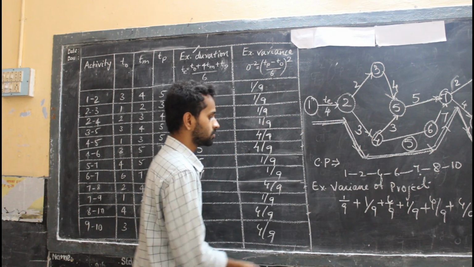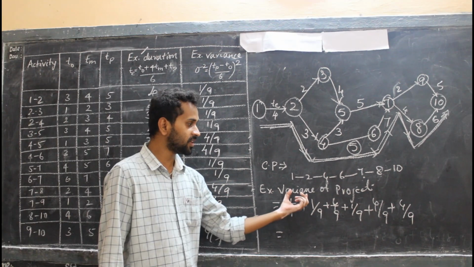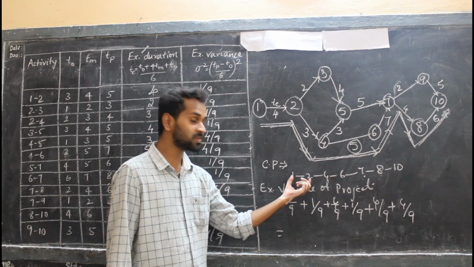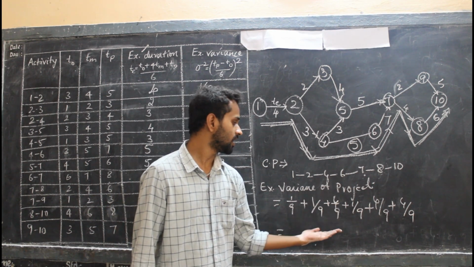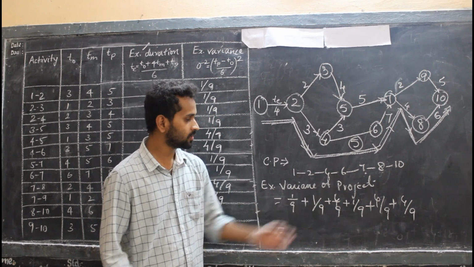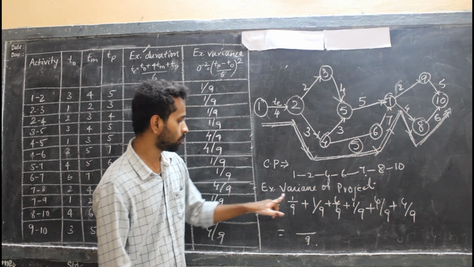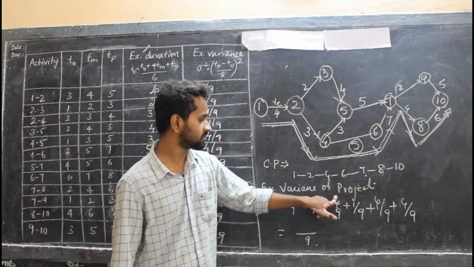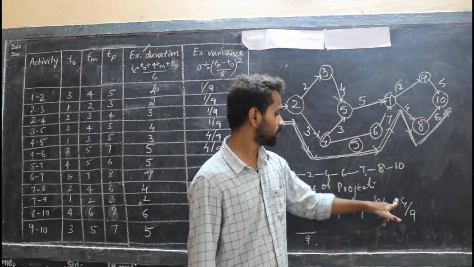Is it clear? So what I repeat, the expected variance of a project is the sum of the critical path activities' variances. I need to add all the activities here. Since the denominator is common, 9 will be the common denominator. 1 plus 1 is 2, 2 plus 4 is 6, 6 plus 1 is 7, 7 plus 4 is 11, 11 plus 4 is 15.